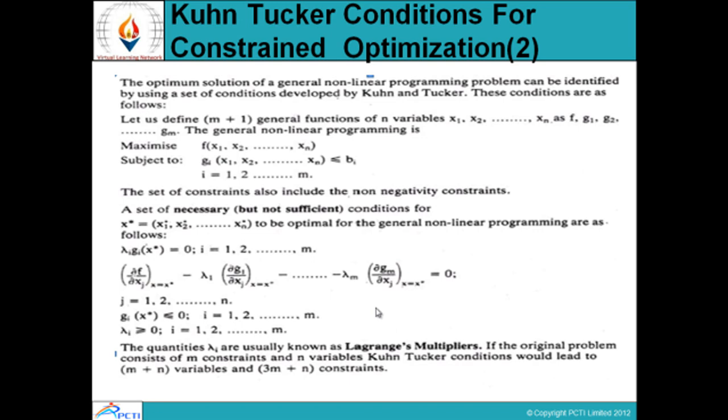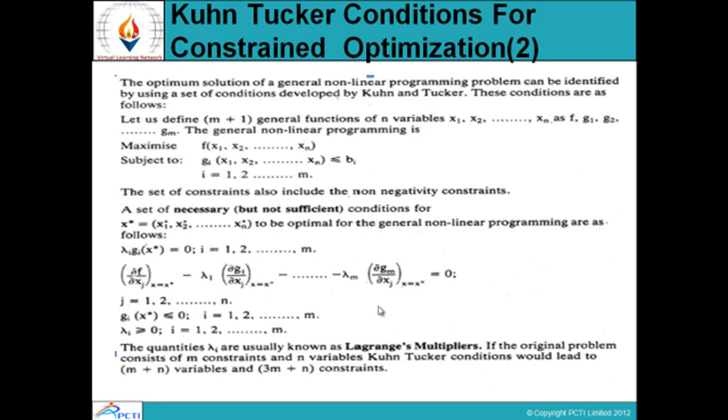Let us define m plus n general functions of n variables x1, x2, x3, x4, ..., xn as f and g1, g2, g3, g4, ..., gm. The general nonlinear programming problem is: maximize f(x1, x2, x3, ..., xn) subject to gi(x1, x2, x3, x4, ..., xn) less than or equal to bi, where i equal to 1, 2, 3, 4, 5, ..., m.